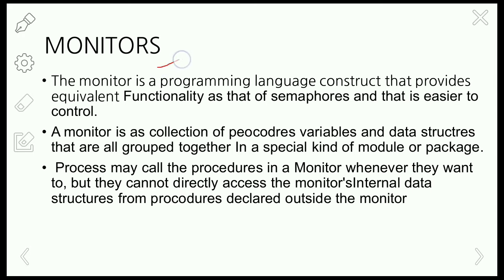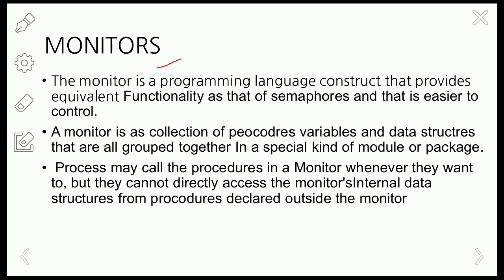A monitor is a programming language construct that provides equivalent functionality to that of semaphores, and that is easier to control. Here the monitor is an abstract data type, and it works similar to functions. How do we call functions in the C programming language? It works similar to that.